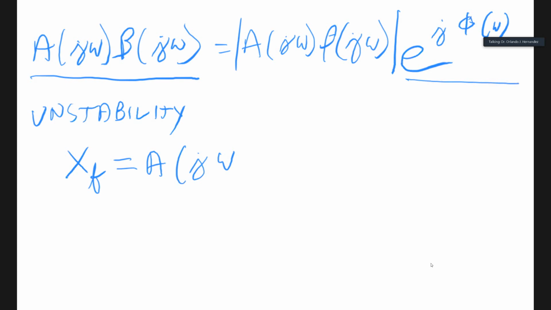My feedback is not negative anymore, because remember that my feedback is defined as negative in the mixing side. I always have to have a positive quantity coming out of the beta network, but if the angle now is 180, now I have reversed the sign coming out of the beta network. So the frequency at which that happens, I'm going to call omega 180.